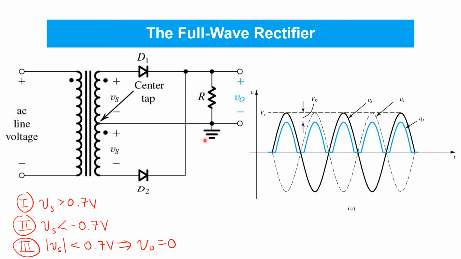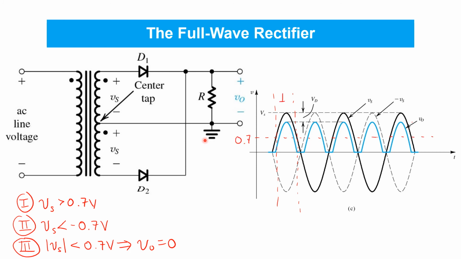That's Vs, shown in the black plot here on the right. And again, we can figure out what the output will be under each of the 3 conditions we identified. So one is when Vs is, let's say, large and positive, large being larger than about 0.7 as shown here.